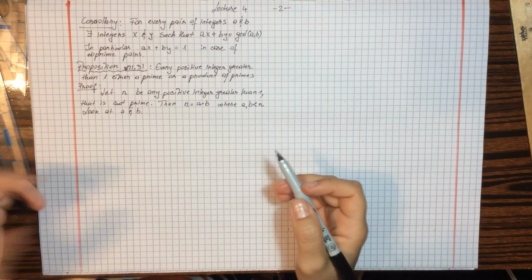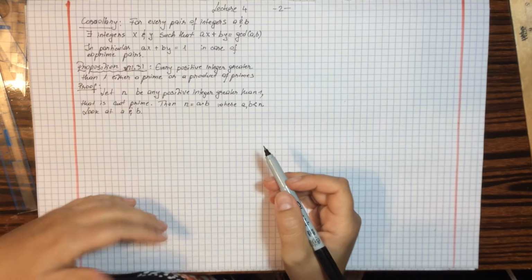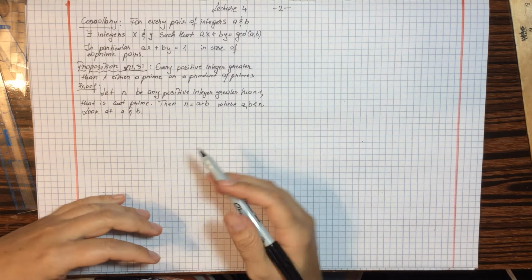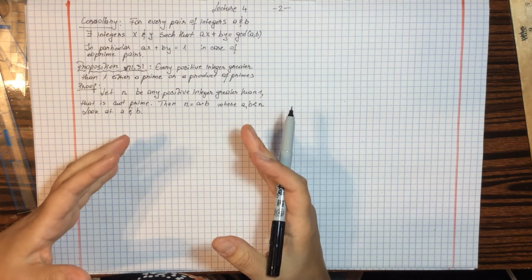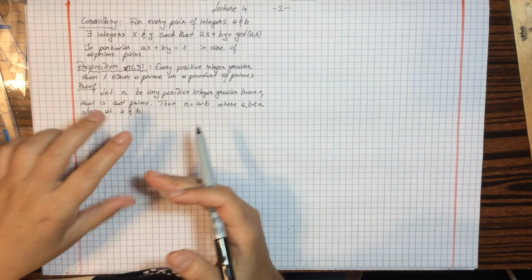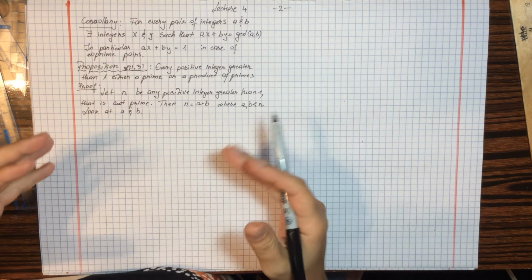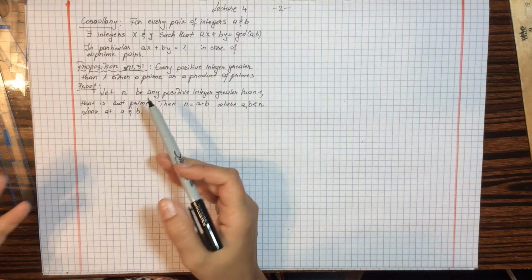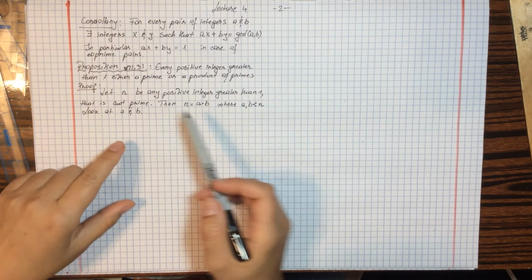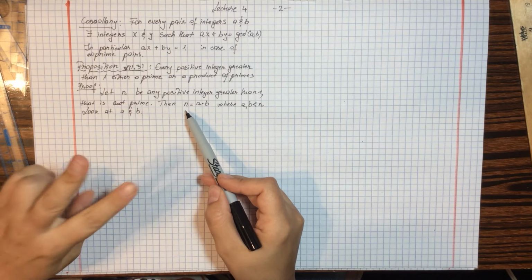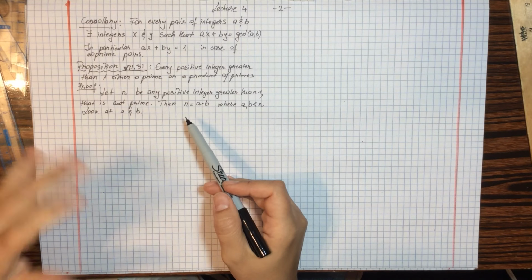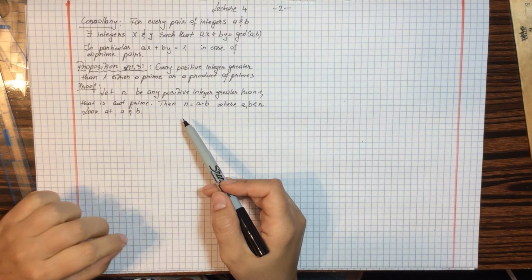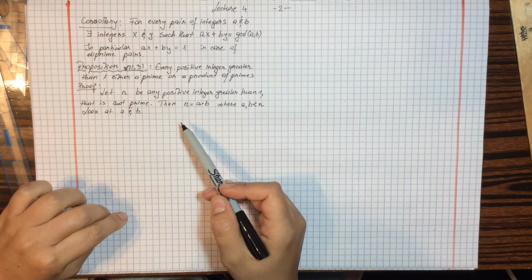So what are the possibilities for a and b? A and b are primes or not; they are both prime or they are not. If a and b are both prime, then we are done. Why are we done? Because we are writing n as the product of two primes. So let's see what happens when a and b are not prime.